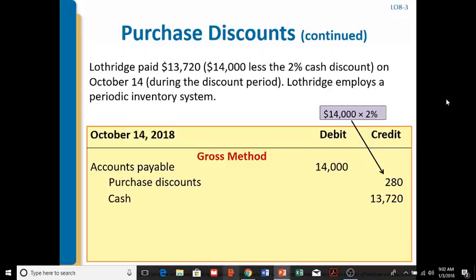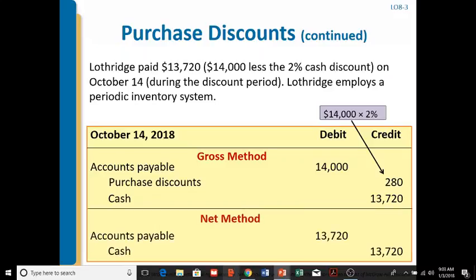Here, $14,000 is the billed amount, but you're only paying $13,720 in cash. The difference is your purchase discount. With the net method, if you take the discount, it's already been netted out in the payable amount, so it's just a straight debit and credit of two different accounts instead of three.